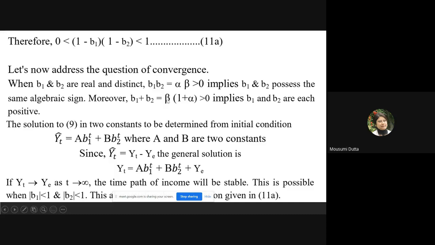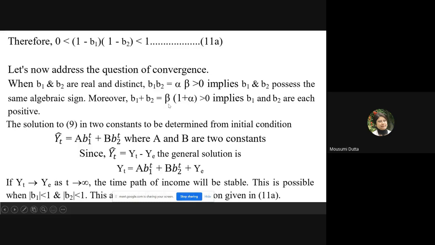Okay. Now, look at this expression. It is beta plus alpha beta. Alpha into beta is positive, because if the roots are real and distinct, their product will be positive. Now, if the sum of the roots also is positive, beta is a number lying in between 0 and 1.